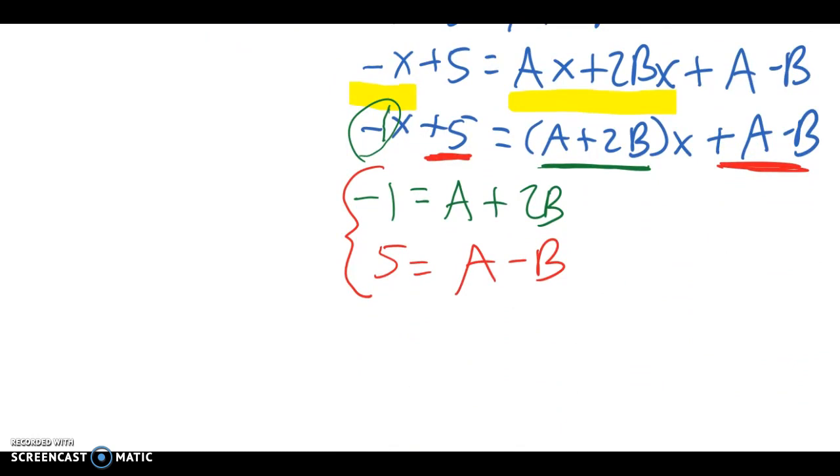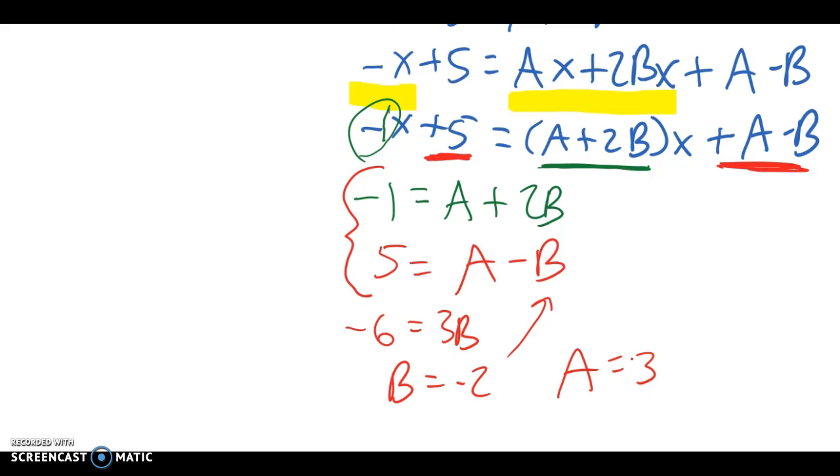So I would do elimination is what I'm saying. So I'd get pretty quickly negative 6 equals 3b. So I'd get b equals negative 2, and then I'd plug that back in one of these spots, maybe just right here. So I'd be adding 2, so I'd get a equals 3, I think.